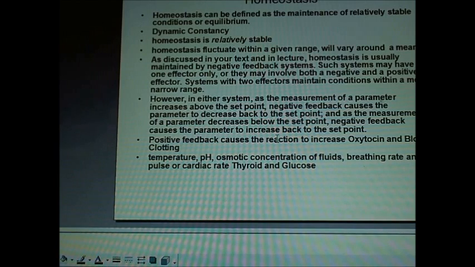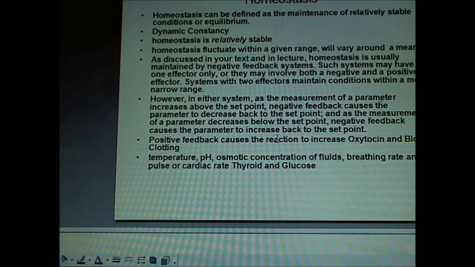If your body is too warm, the sweating is engaged, and that negates the body being too warm. That's a negative feedback. If your glucose is too high, your body secretes insulin. The insulin brings the glucose down. So with the feedback from something that is abnormal causing the results to come back into the normal range, that is a negative feedback.